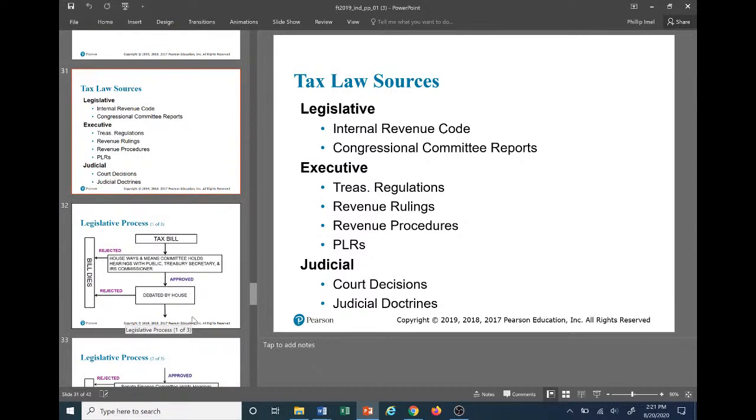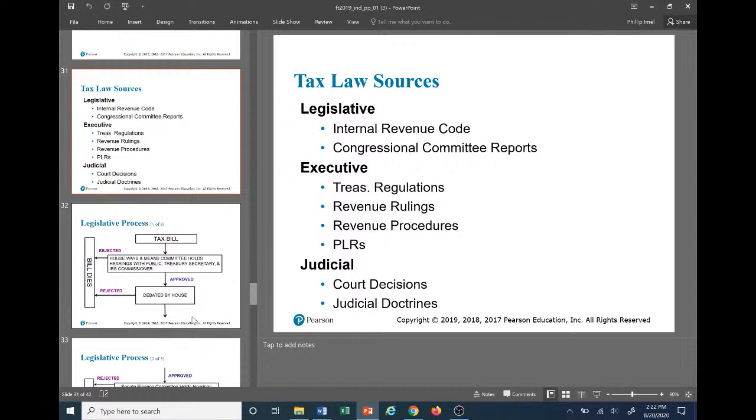Let's talk a little bit about tax law sources. I'm sure everyone's heard about the three different branches of the government: legislative, executive, and judicial. Well, we can't talk about tax without talking about the law sources and the different branches of the government. Legislative tax law sources include the Internal Revenue Code and congressional committee reports.